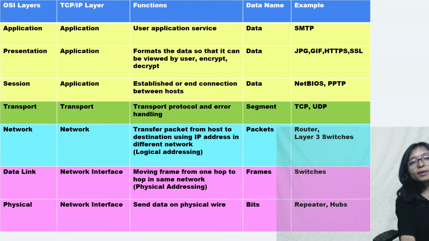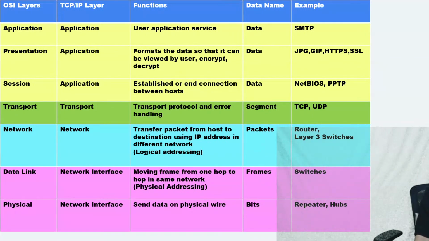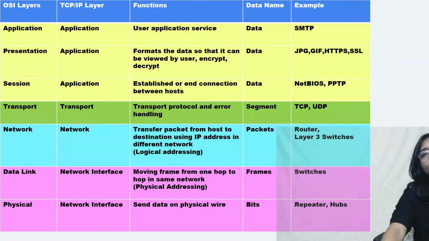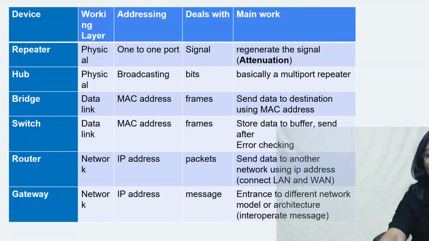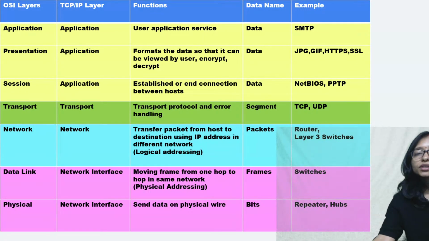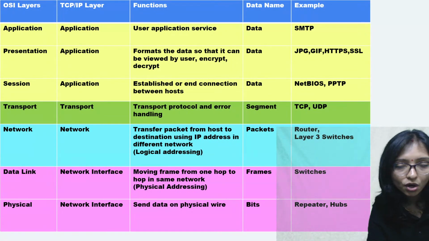The main work of application, presentation, session, all these main works are going on, and this is according to all your devices, whatever devices we are using: repeater, hub, bridge, switch, router, gateway. These are all the devices. I hope this chart will help you, and I think some of your confusions are clear, and you learned something new also, and you learned that always don't believe the official answer key.